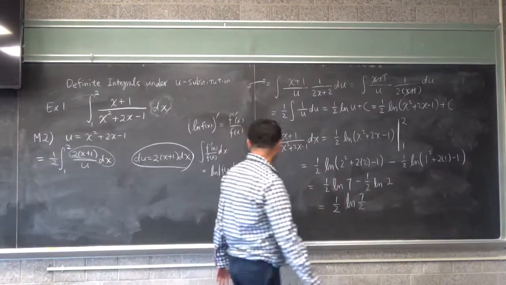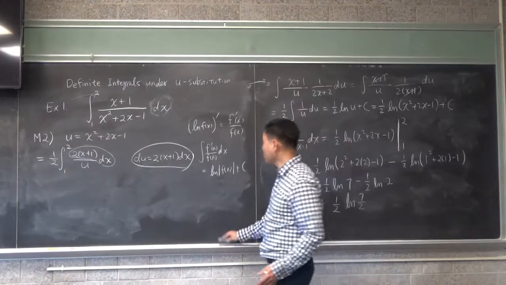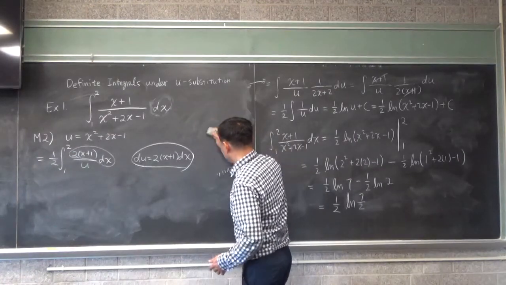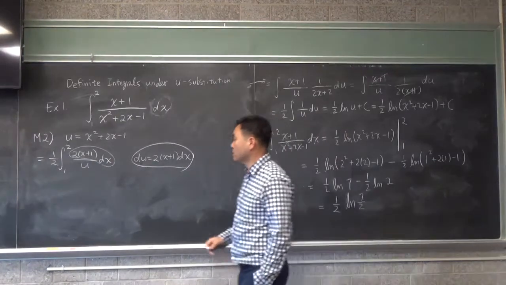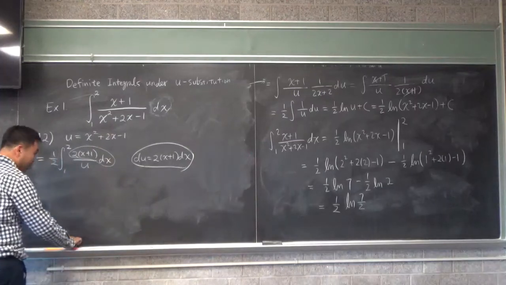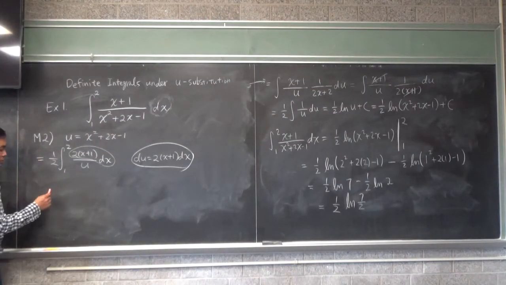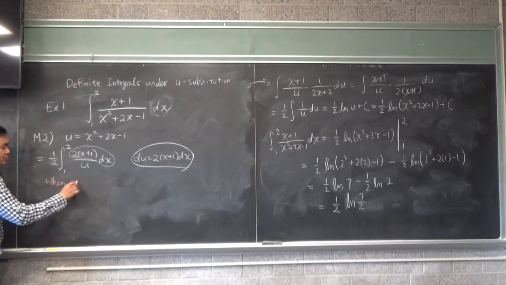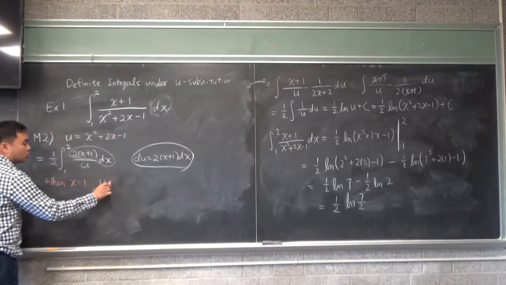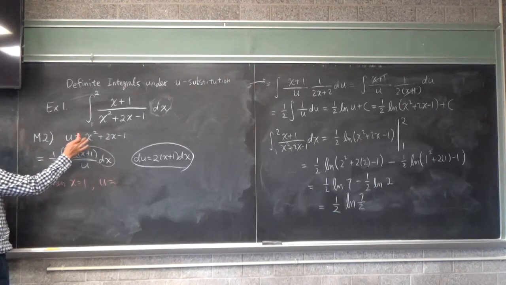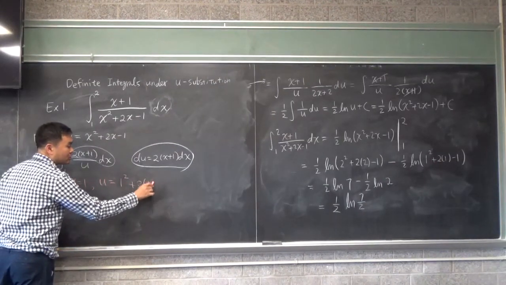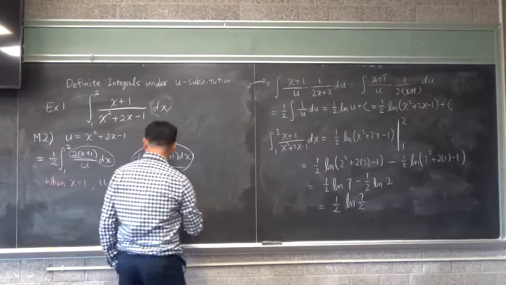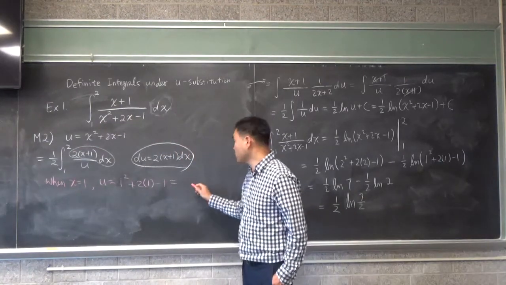But there's one more thing that we do, which is important. When x is 1, u is, since u is x squared plus 2x minus 1, 1 squared plus 2 times 1 minus 1, which is 3 minus 1, that's equal to 2.